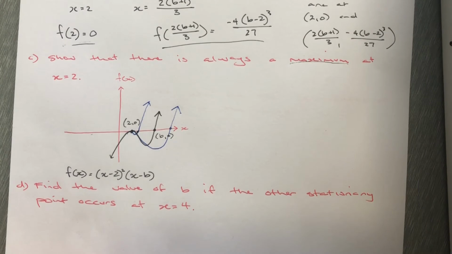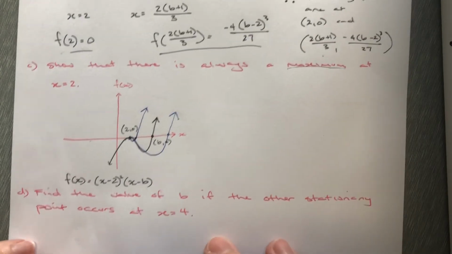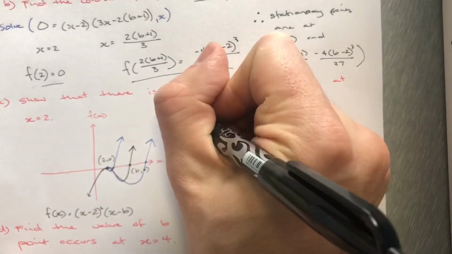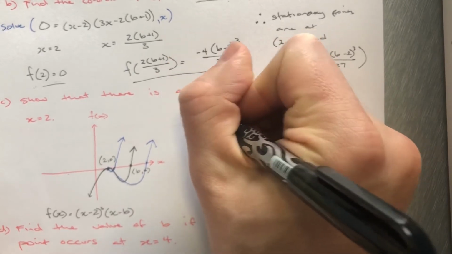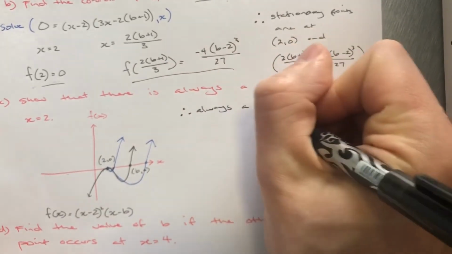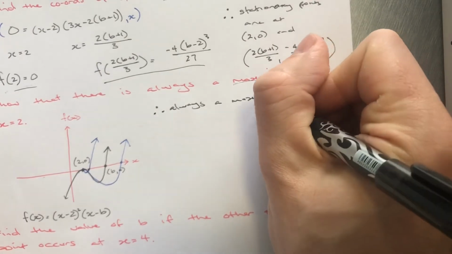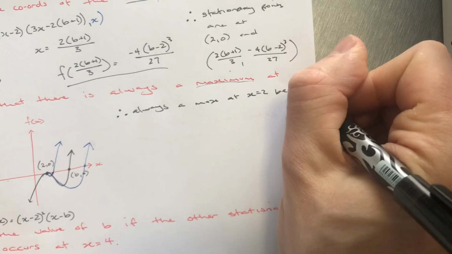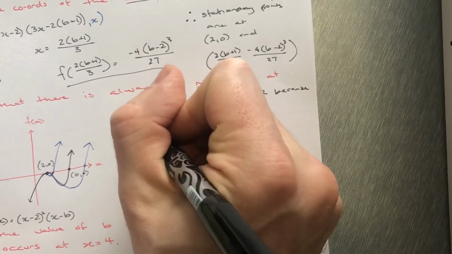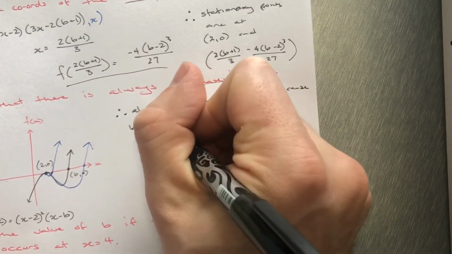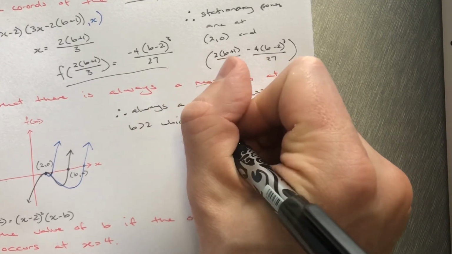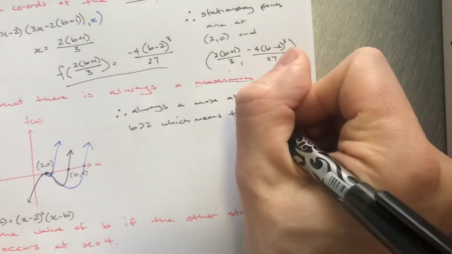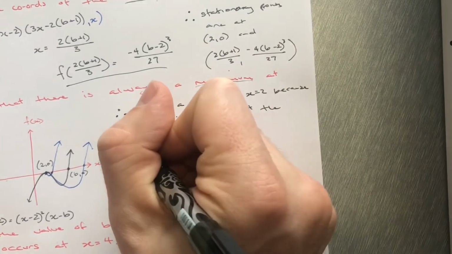So what I'd do here, you probably could show it with maths, but I'm just going to write a sentence to explain it instead. I'd write something like, therefore, always a max at x equals 2, because b must be greater than 2, which means that the graph will always maintain the same shape.